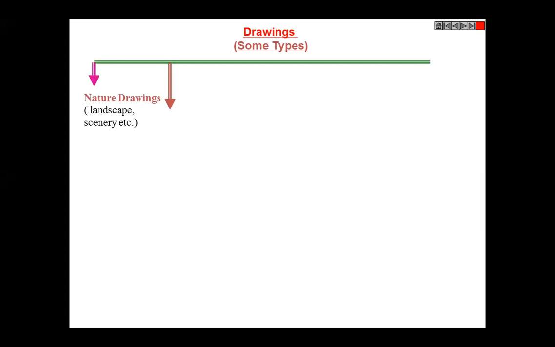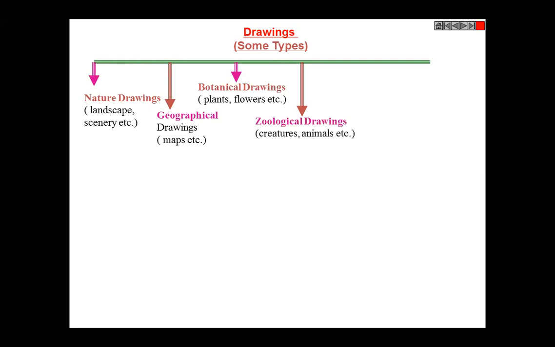Natural drawings that include landscape, scenery, and geographical drawings, for example maps. Then we have botanical drawings, the plants, flowers, zoological drawings, creatures and animals, portraits, human faces, expressions, etc. And then we have engineering drawings, which mainly depend on projections, how you project a certain thing. Your engineering drawing depends on that.